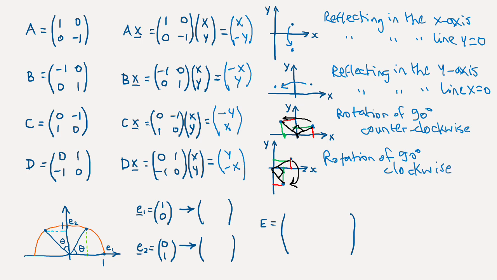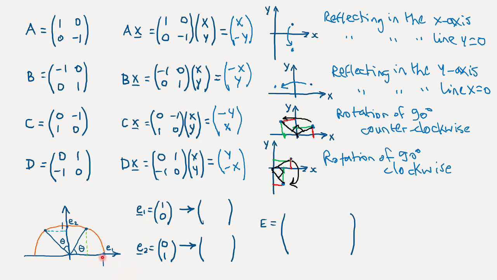What about a rotation of theta degrees? So theta can be anything now. So let's go to this diagram down here in the corner. So let's think about the vectors 1, 0 and 0, 1 and see where they end up after rotating by theta degrees.